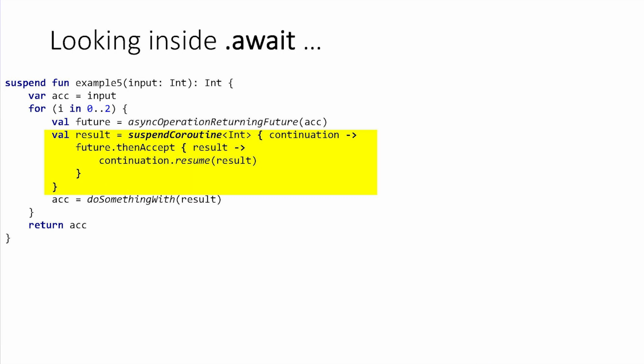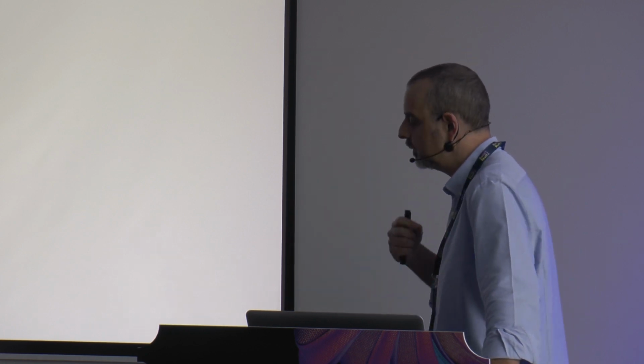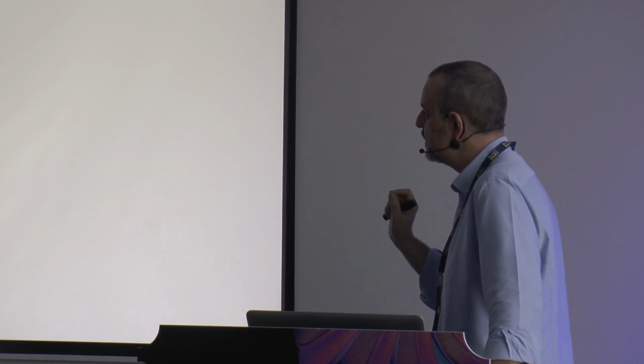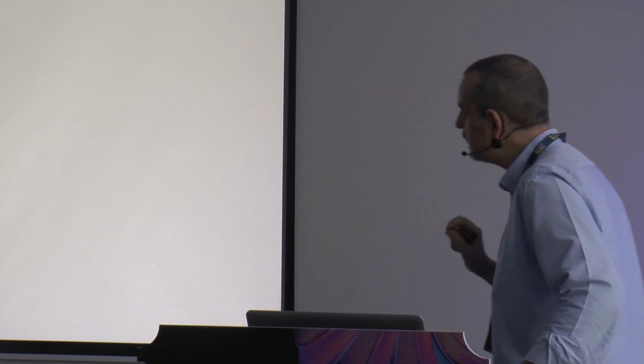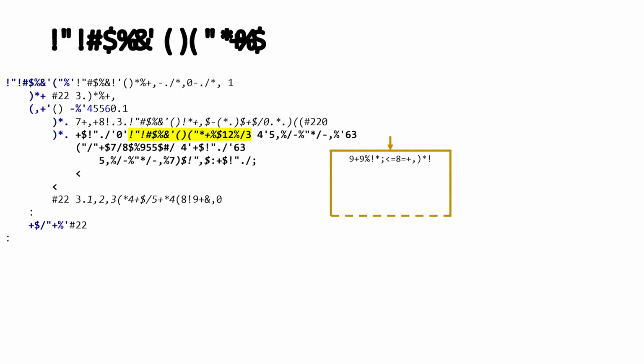If we look inside the await, we will find a very special function, and I think it's the most important thing to understand when studying and working with coroutines, which is suspendCoroutine. That suspendCoroutine is a little bit odd at first sight. What it does when I call it: I have a future, and I call suspendCoroutine, and I pass a lambda.